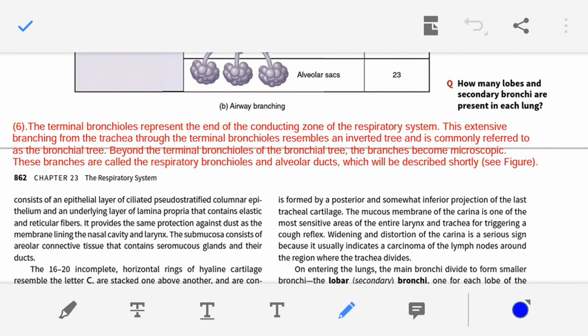Now you see there is extensive branching from the trachea. So many branches have emerged, and when we look at all these branches together, they look like an inverted tree, and this inverted tree is referred to as the bronchial tree.